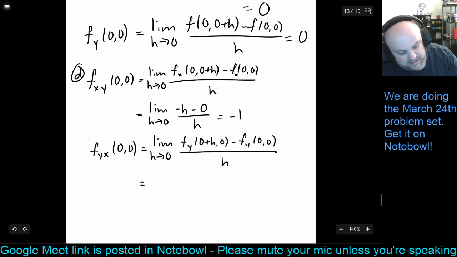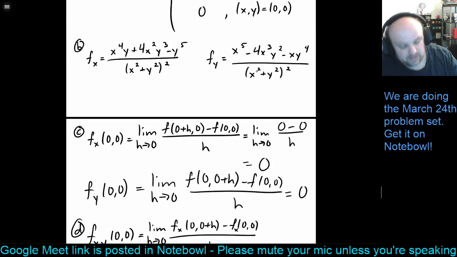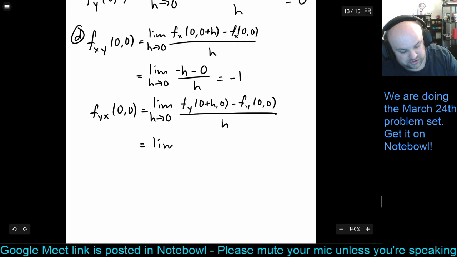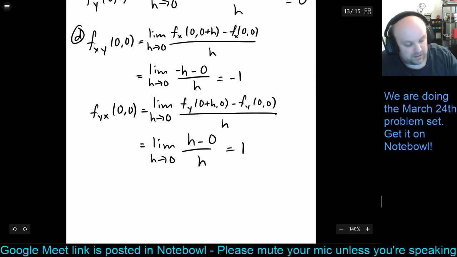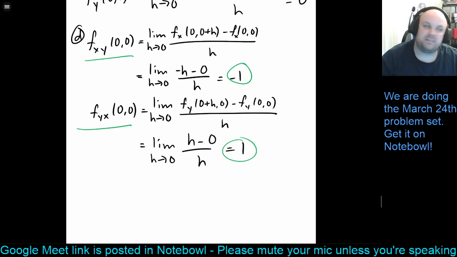When we plug in h for x and 0 for y here, we're going to get h to the 5th over h to the 4th, which just winds up being h again. We have h minus 0 over h, but this one's 1. So here we go, two different answers. And we checked both of the mixed partials here.